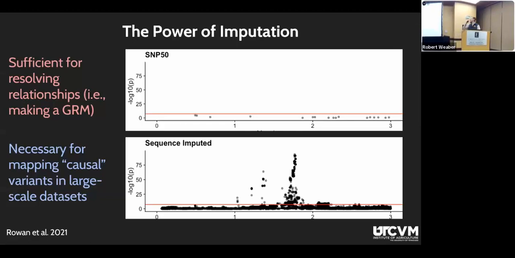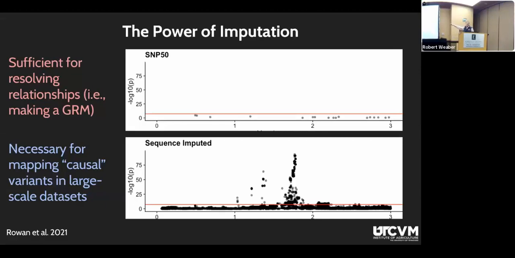And as you can see, this SNP50, which again is more than sufficient for representing genomic relationships, we can make a genomic relationship matrix that is just as accurate as with full sequence data, with that SNP50 representation of the genome being much more sparse. But as we try to map, dare I say, causal variants or variants that are perfectly associated with causal variants, that becomes much, much easier as we have the resolution from a sequence imputed data set that you'll see down there.